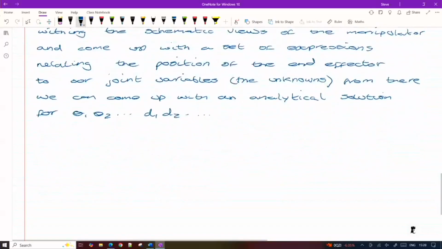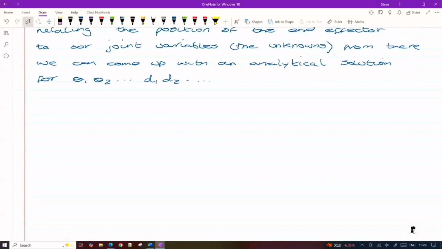Okay, so I started with a couple of examples last week, simple planar arm, and then I went on to look at the Cartesian robotic manipulator. I think I mentioned last week, suffice to say, those examples are relatively easy, relatively straightforward, so neither would come up in the form of an exam question.